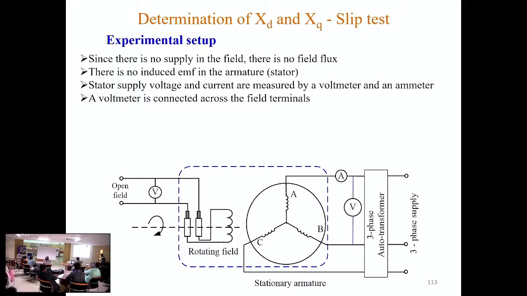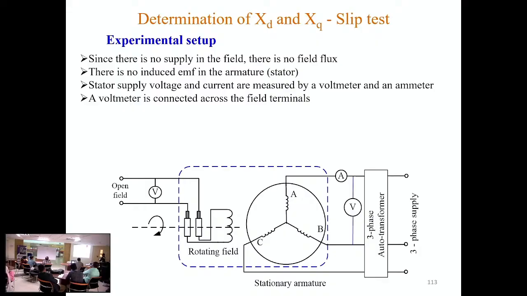The input voltage is given to the armature winding. It is producing this rotating magnetic field which is rotating at synchronous speed. The rotor is not moving at synchronous speed. It is driven at some speed other than synchronous speed, maybe less, maybe more. So the point is there is a relative motion between that rotating magnetic field and the rotor. Due to that relative motion, there is a flux cutting action.